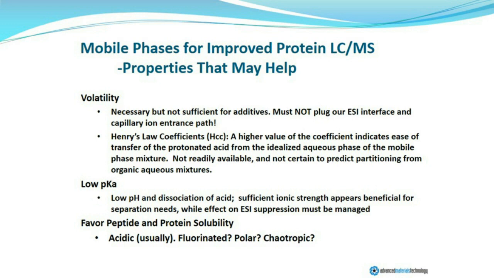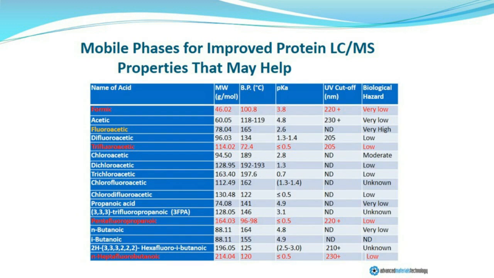But we did nevertheless look at a very large number of materials which might exhibit these desirable properties. The slide in front of you shows a table with some of the materials. It's actually a much longer table or collection of modifiers that we have looked at.